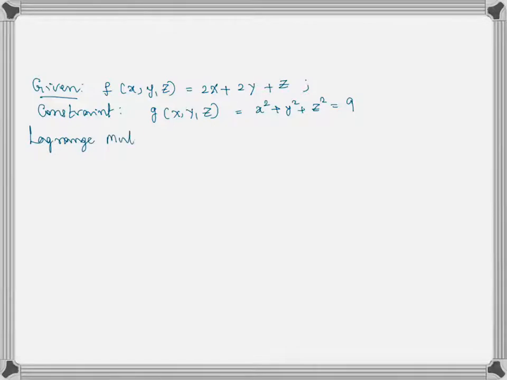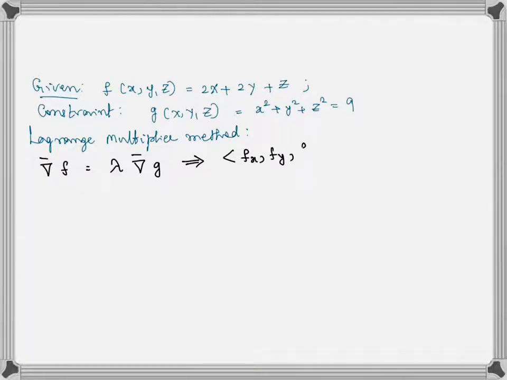Now the Lagrange multiplier method is what we are going to apply. So we are going to set del f equal to lambda times del g. Del f equal to lambda times del g in component form is fx, fy, fz equal to lambda times gx, gy, gz.